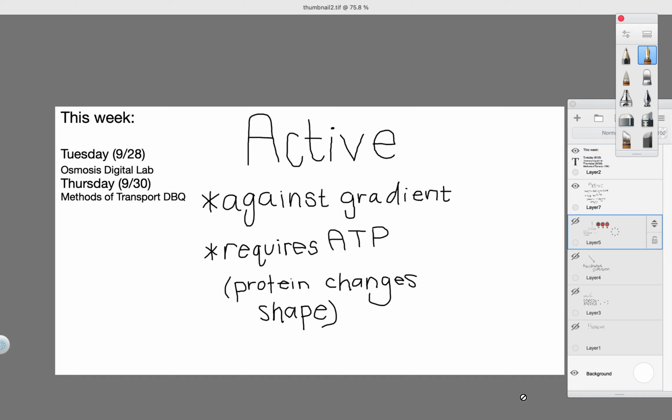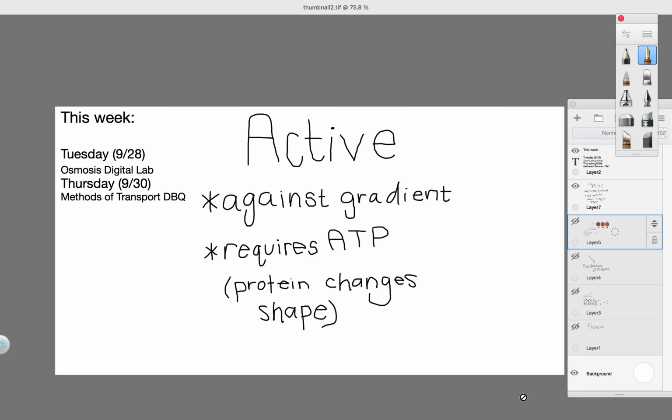So the example that I feel like we always hear with IB is the sodium-potassium pump. Again, you can Google. I feel confident in your ability to Google. But the only thing to really remember here is it's going to be against the gradient.